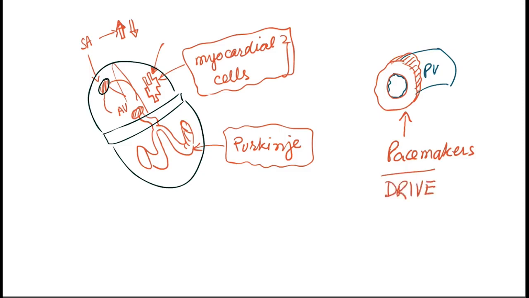Enhanced abnormal automaticity of any tissue can also mean that that tissue is now a driver. The definition for a driver is that driver does not need someone else to trigger it. Driver will be triggered by itself. It has become automatic. It will become depolarized by itself.